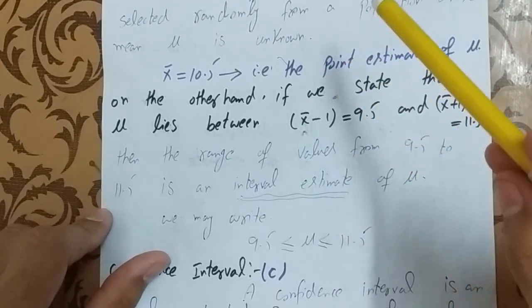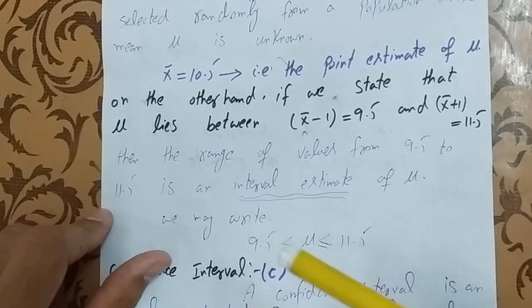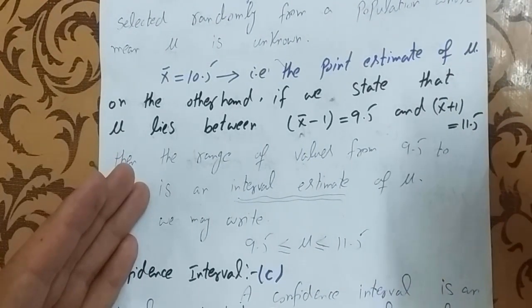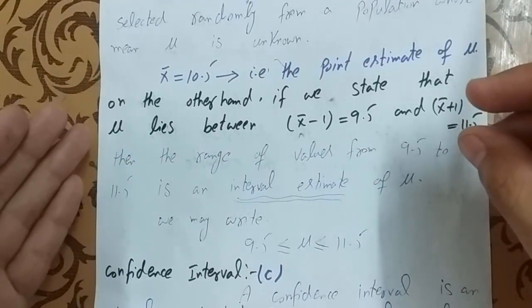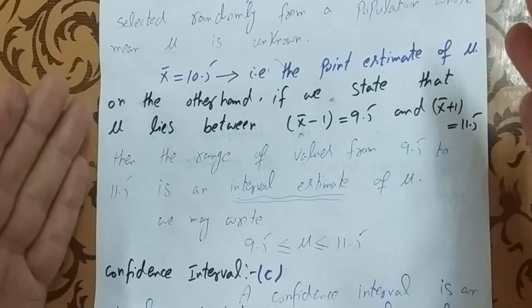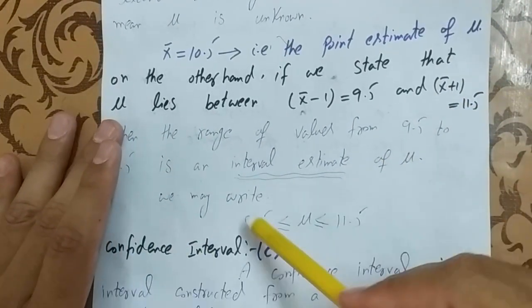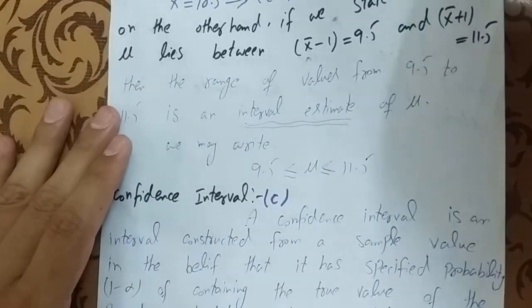For an interval estimate, we first find the point estimate, and then add 1 to and subtract 1 from this point estimate, and the interval that results is the interval estimate of mu. We may write 9.5 less than or equal to mu less than or equal to 11.5.